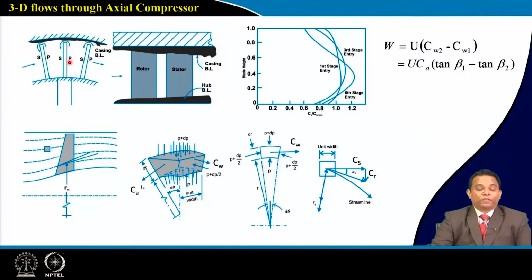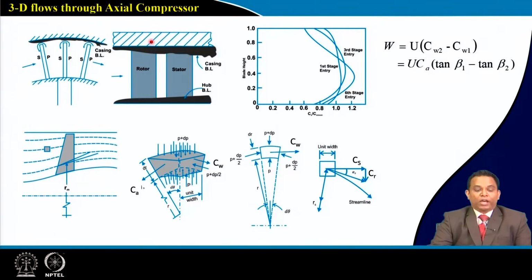Now my flow will try to move from pressure side to the suction side because of the presence of clearance, and this clearance gives me a flow called tip leakage flow. The situation near the tip region gets worse, because we have growth of boundary layer with the walls near the casing, and along with that we have flow complexity because of the presence of this tip leakage flow.